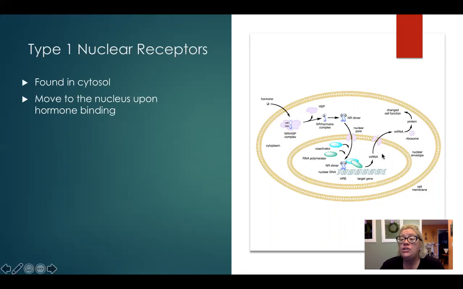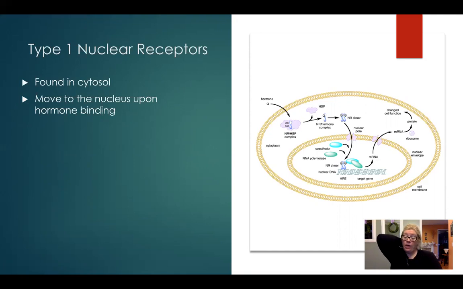An mRNA strand will be produced. It will move back out into the cytoplasm, and in the cytoplasm it'll attach to a ribosome, and then that mRNA will be translated into a protein, and that protein then will bring about a change in some sort of cell function. All right, so that's a type 1 nuclear receptor.